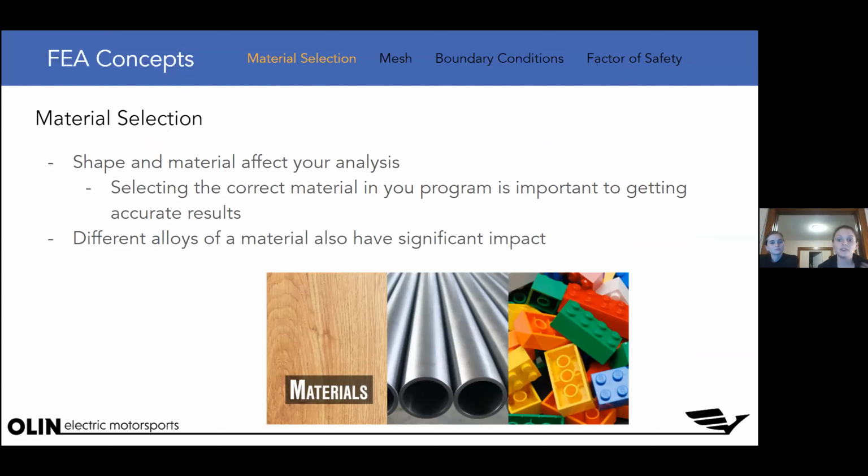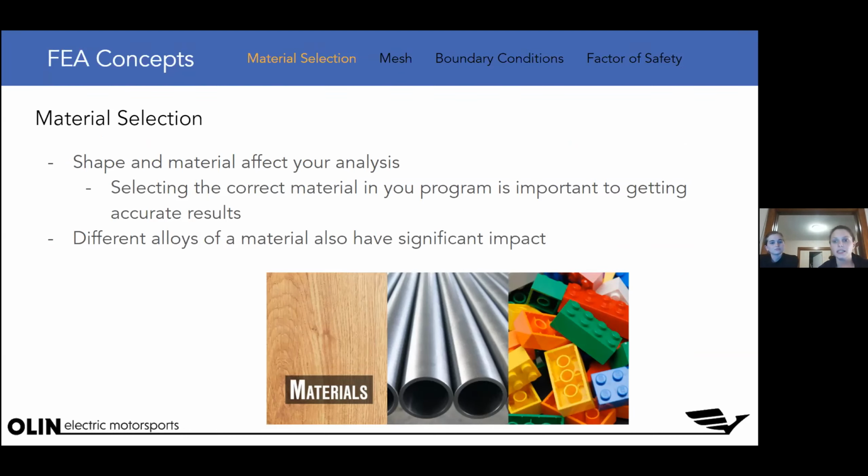You have to put the correct material, and by correct I mean as close to reality as possible, into your program to get accurate results. This even matters between different alloys of a material because it can have significant impact. And obviously don't put Legos when you need steel. The picture is a little misleading.